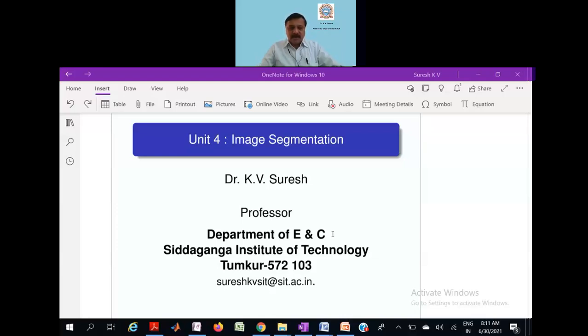Basically this unit is completely on image segmentation. That means how we can convert a given image into different segments based on our interest, based on our region of interest.